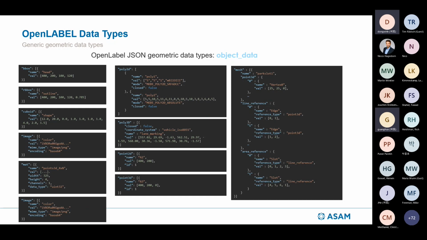So for the geometric types, we have bounding boxes, rotated bounding boxes, cuboids, but you can also add images themselves, matrices, binary content, polylines in 2D and 3D space, points, and more complex structures such as meshes, which encode the ability to have 3D geometries.